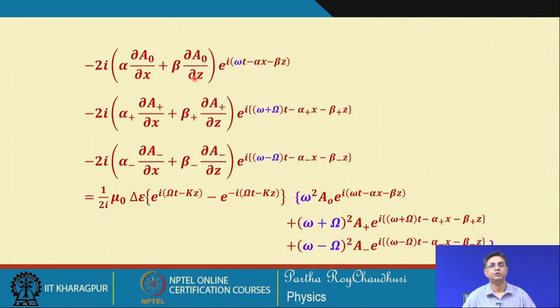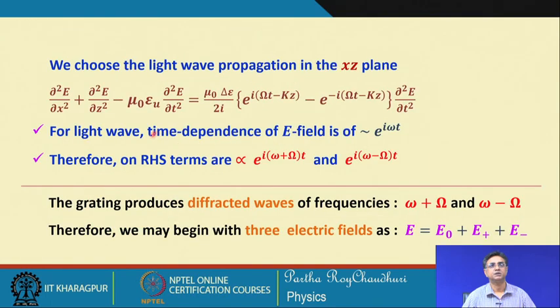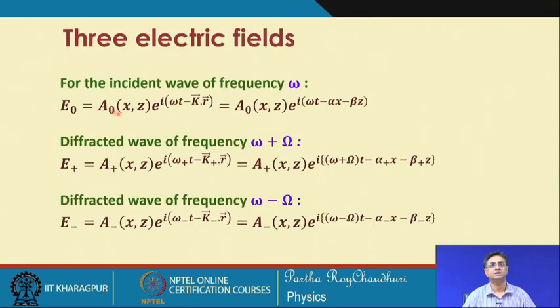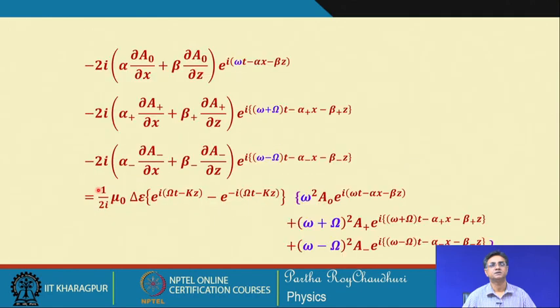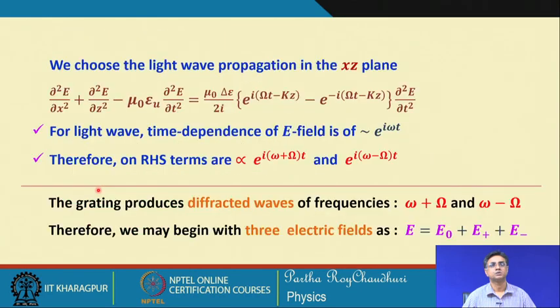So, we can write this wave equation, if I substitute in this equation these quantities E 0, E plus, E minus. So, we have to use this equation. This electric field is the sum of these three: the incident field, the plus order field and the minus order field.